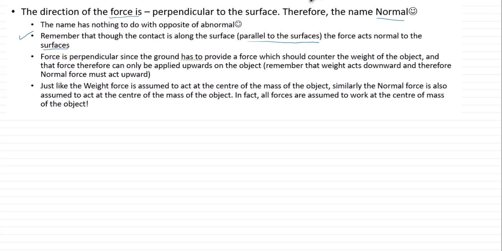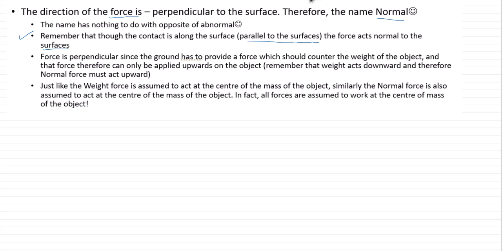There are two types of forces, as you may already be aware. There are field forces and there are contact forces. Field forces may not require the contact. An example of a field force is the gravitational force, whereas the normal force will happen only when there is a contact. And how can we say that the normal force is perpendicular, because of the reason that I mentioned here.